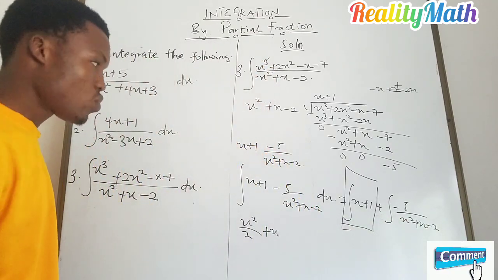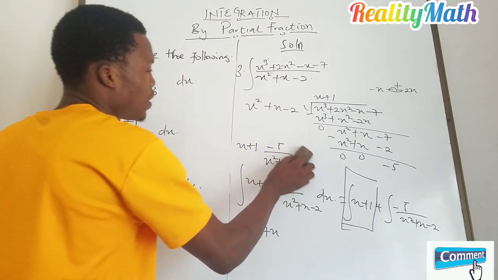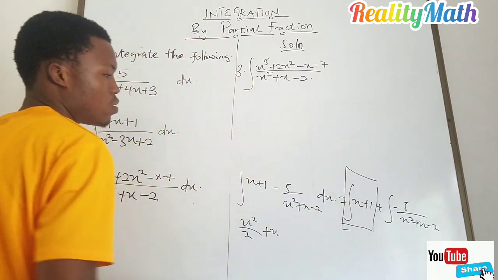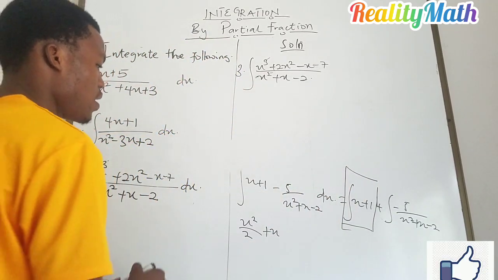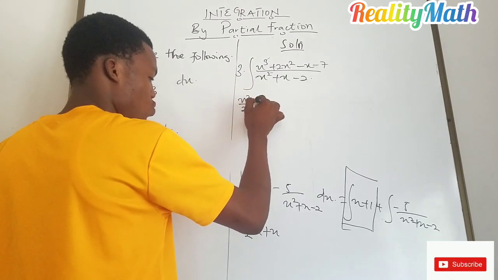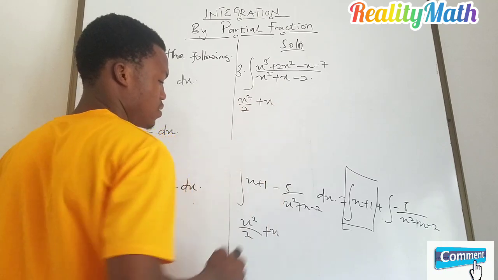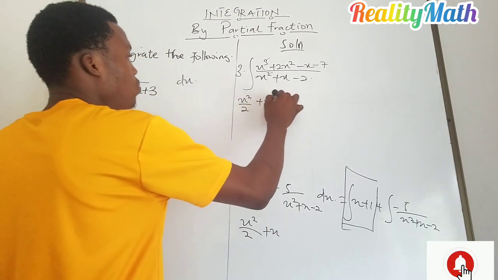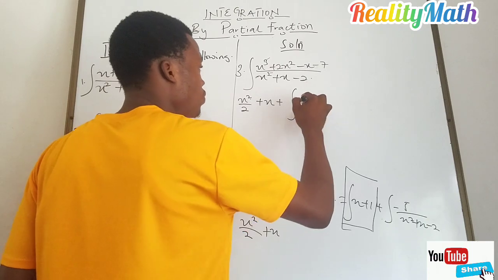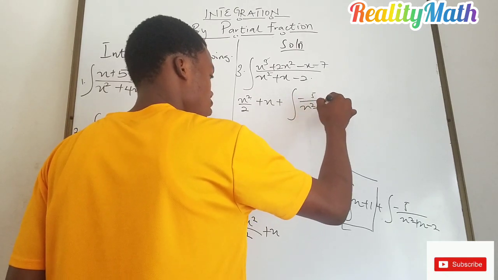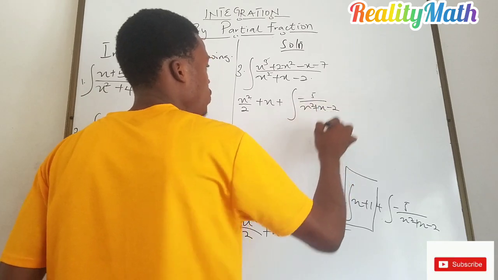Let me clean here. And then put our guy here, which is x squared over 2 plus x. Now, plus the integral of minus 5 all over x squared plus x minus 2.